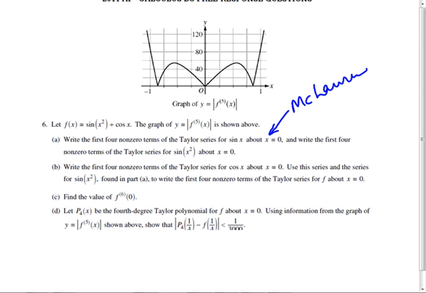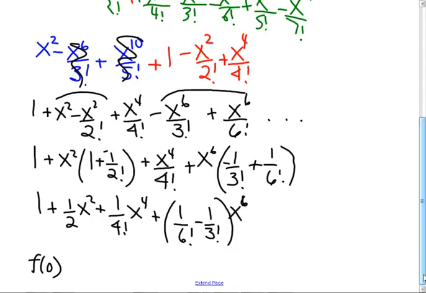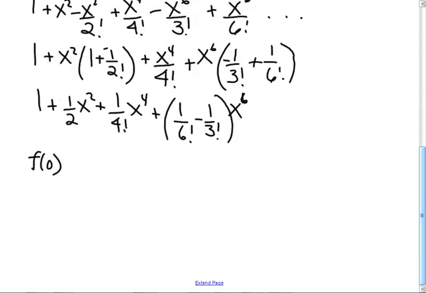So how do you add 1 over 6 factorial minus 1 over 3 factorial? That's 1 over 6 times 5 times 4 times 3 times 2 minus 1 over 3 times 2. Now, I got to get common denominators, right? So 6, 5, 4.